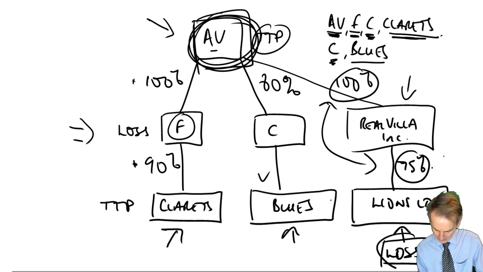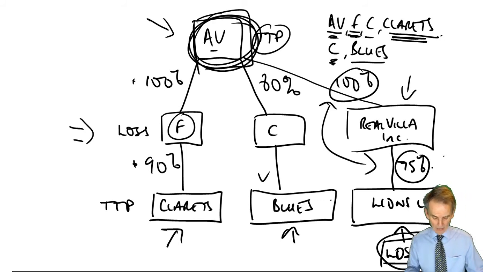So now if Lions made this loss, though it couldn't go to Real Villa, its non-UK resident parent company, it could go in part, in full, against any part of the TTP figures of AV, of Company F, Company C, and Claret.